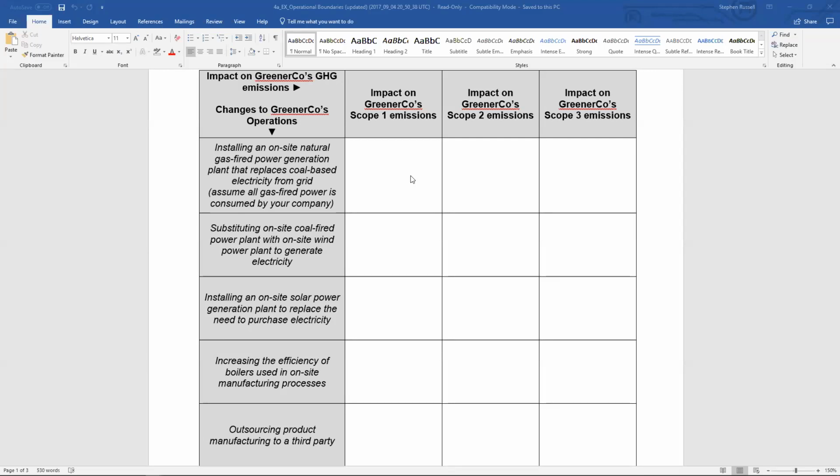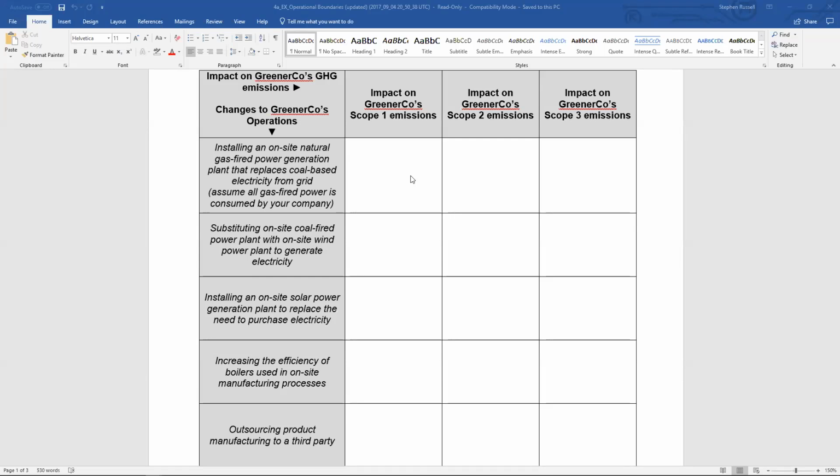For instance, the emissions related to the mining of coal and the production of natural gas. And we also have to consider the Scope 3 emissions associated with the construction of the plant. For example, the use of contractors and the emissions from the extraction and processing of the various building materials.